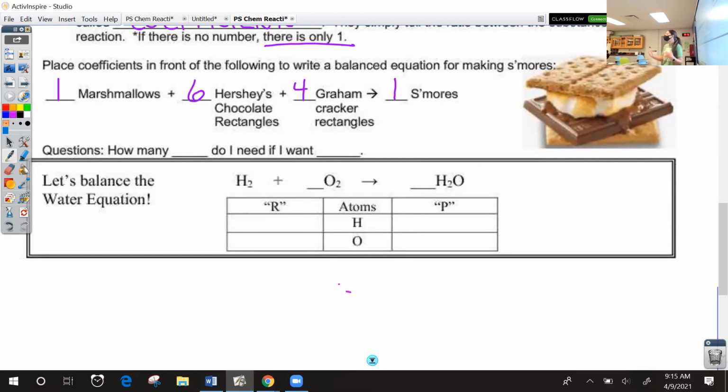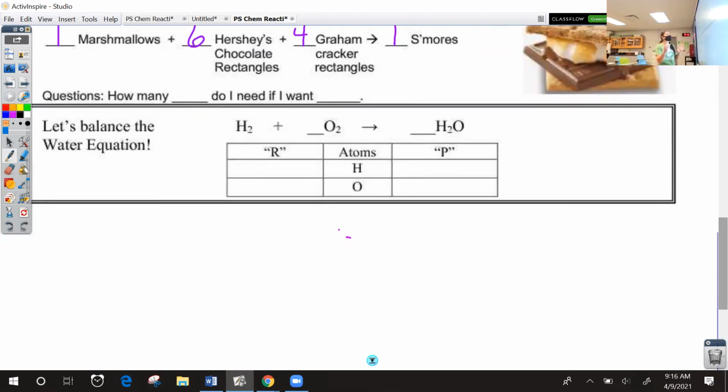So what we're going to do today is talk about 5 different reactions, and some of them I'm going to demo for you. We were talking about making s'mores, and you can actually set up ratios. This is really good for standardized testing. How can you set up a ratio?